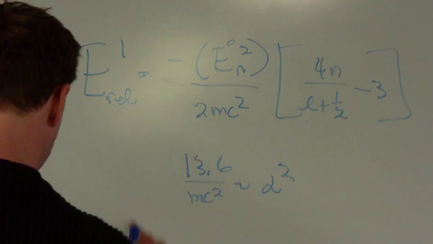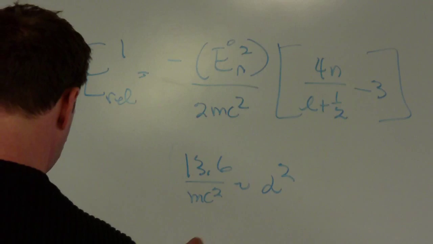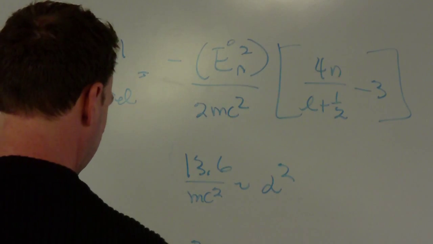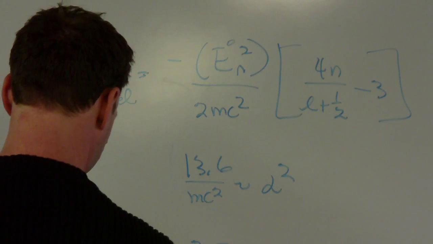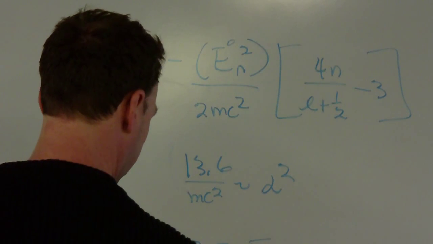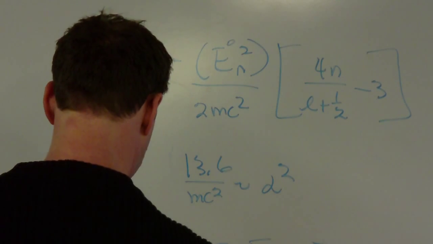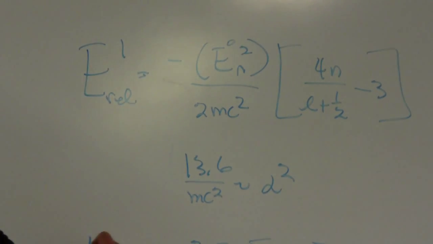All right, so we can write the relativistic correction as equal to alpha squared En over 2 times 4n over L plus a half minus 3. So this is E relativistic 1.